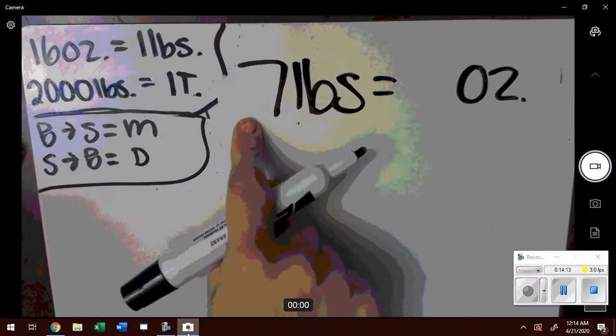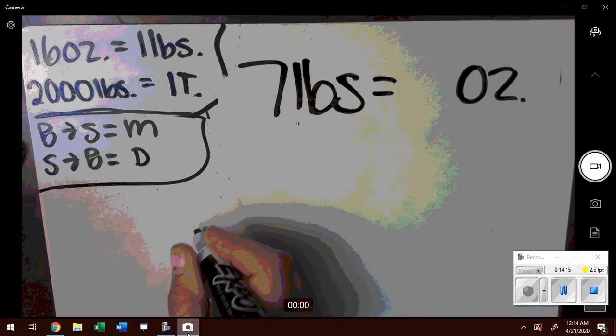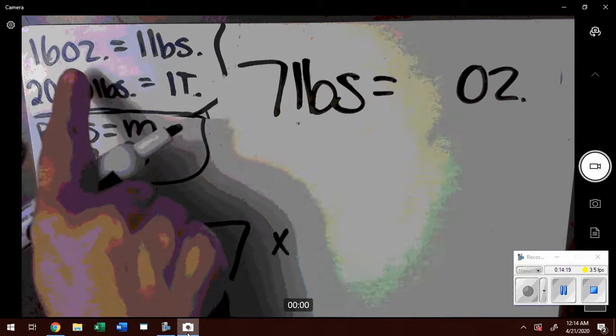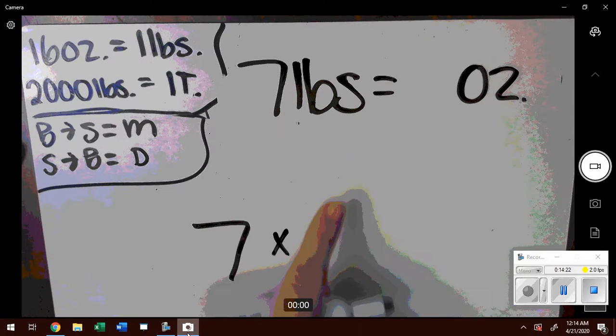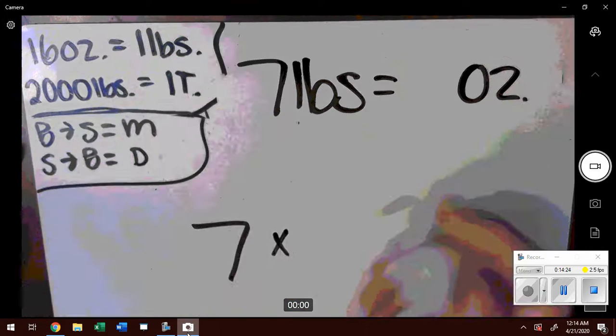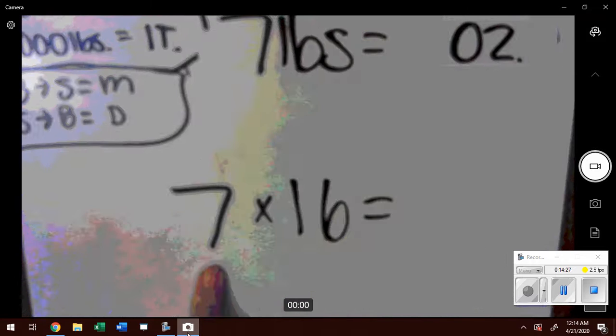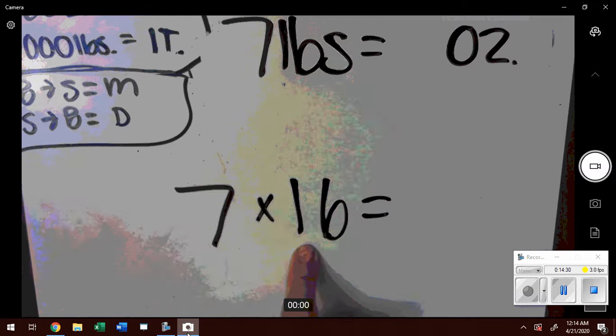I'm going to multiply the amount of pounds I have by the amount of ounces per pound. So I need to take 7 times 16. I know that 7 times 10 is 70.